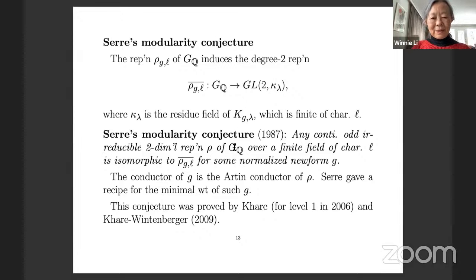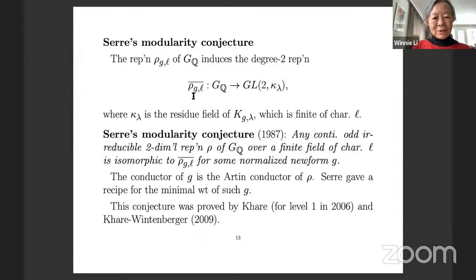And Serre's modularity conjecture says that any continuous odd irreducible two-dimensional representation of G_Q, the Galois group of Q, over a finite field of characteristic l is isomorphic to the reduction of the l-adic Galois representation associated to some normalized newform.